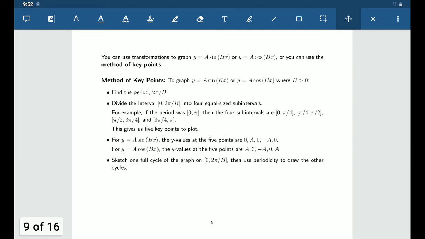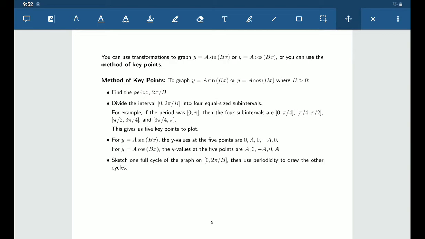So I've said before, for these graphs, the sine function and the cosine function, for one cycle there are 5 key points, and we're going to use those 5 key points, the ones where we're at the maximum value, at the minimum value, and also the x-intercepts. Together those are our 5 key points.